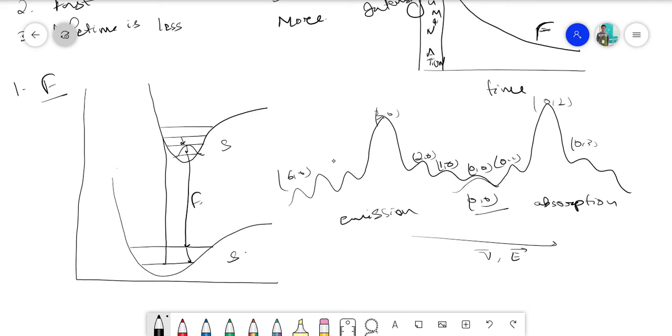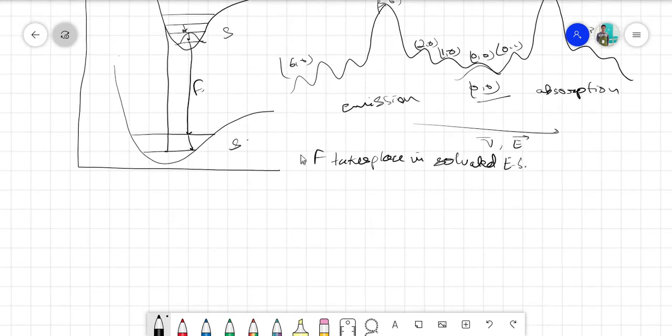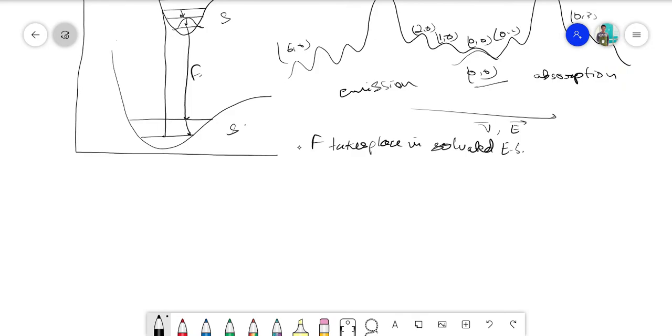You can get information about the vibrational energy of the ground electronic state from the peaks that you get here. Also, fluorescence takes place in the solvated excited state. Those excited states should be solvated, that means surrounded by solvent molecules.